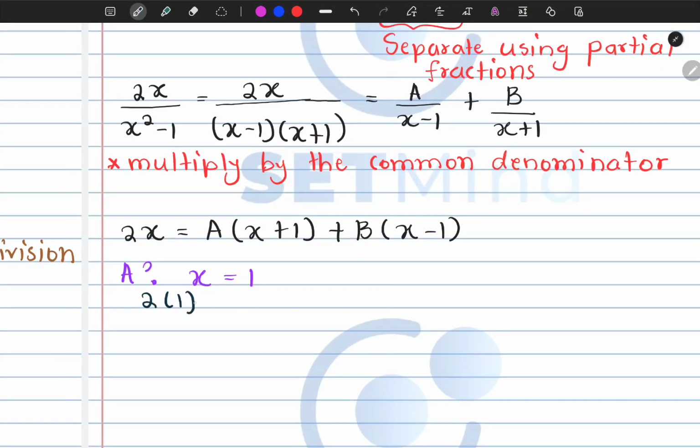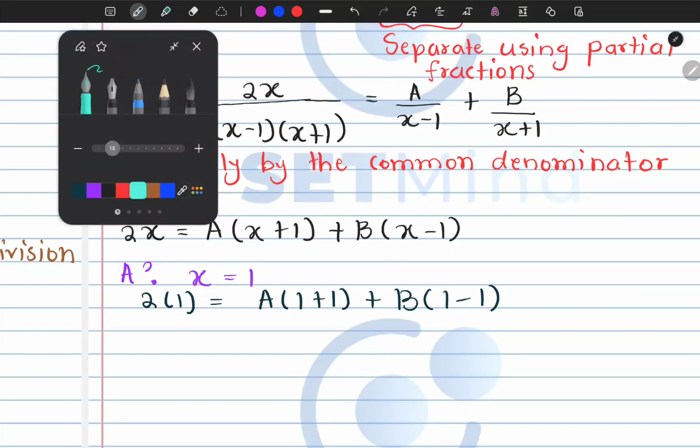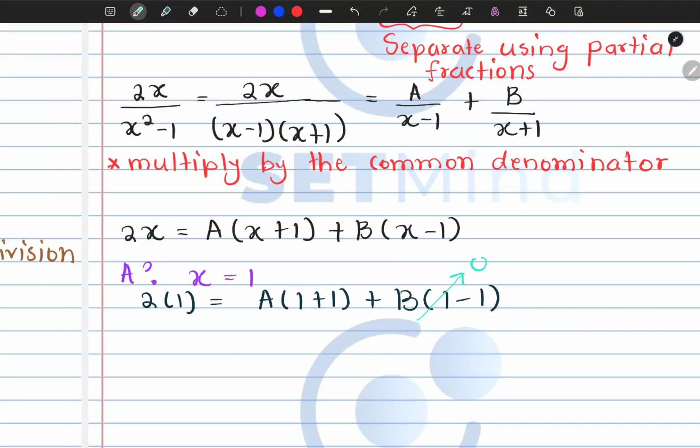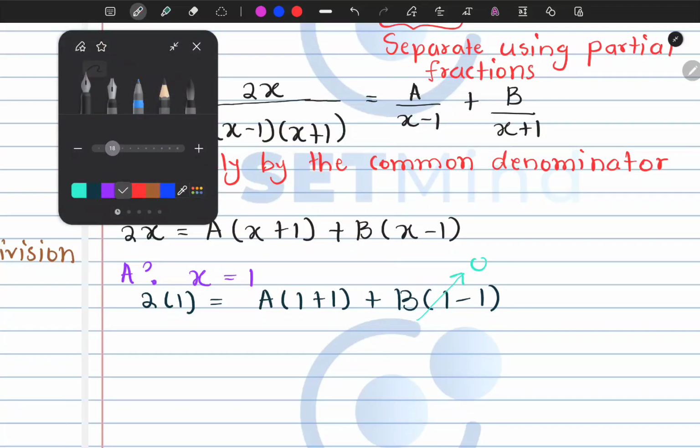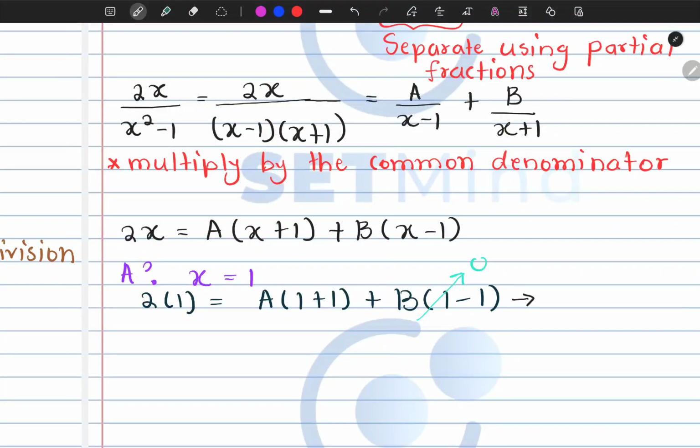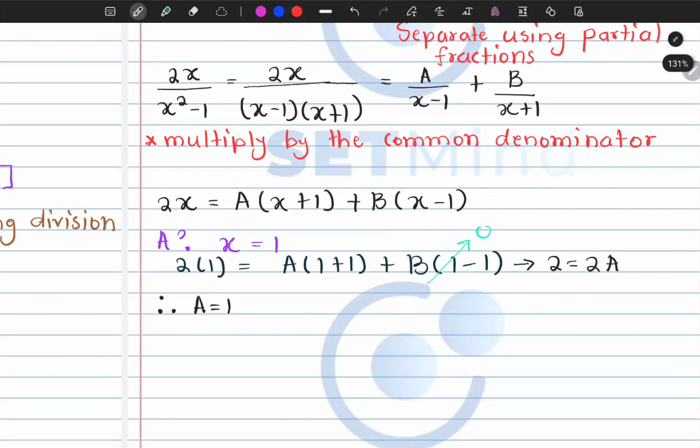So we'll have 2 times 1 equals a into 1 plus 1 plus b into 1 minus 1, of which that component just becomes 0. And you'll end up having 2 equals 2a, which means our a will be equal to 1.